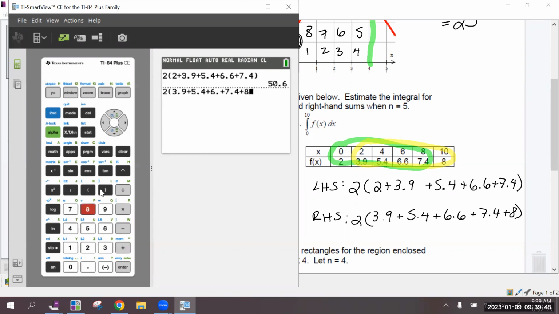Careful with your typing. Okay, so we get 50.6 for the left-hand sum, 61.4 for the right. So the average is 56.